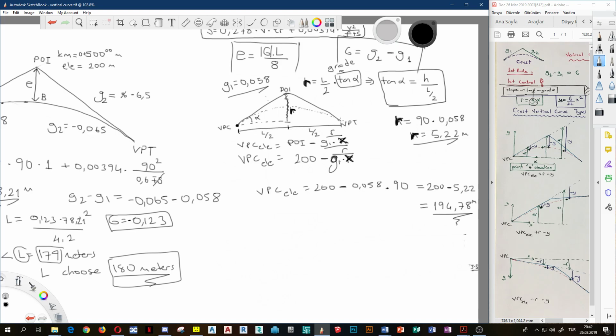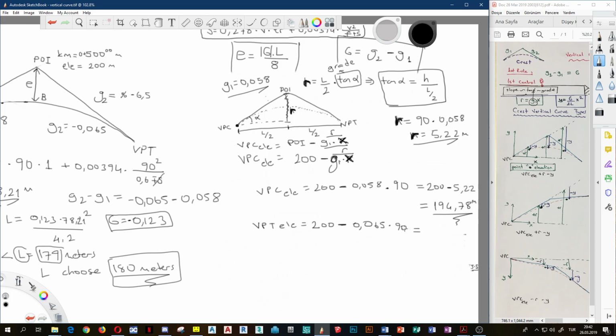And what is the VPT elevation? VPT elevation must be equal to 200 minus the grade of the second section, 0.065 times 90.